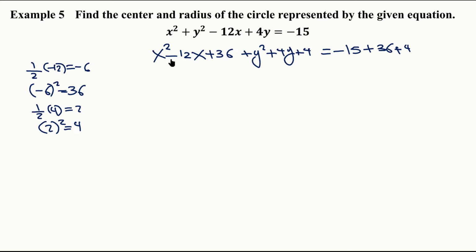Now, on this side, we now have a perfect square trinomial, which of course is going to be the perfect square of x minus 6. And if you notice, in the first step in completing the square for the x terms, we got a -6.